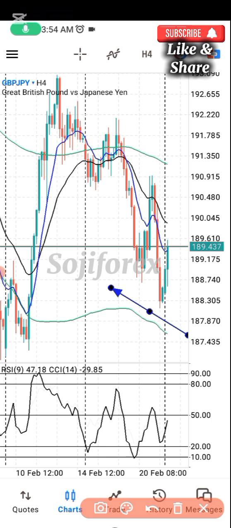Having established how we can use this to determine our trend, the time frame to do that is the 4-hour time frame. Now the next thing is, how do we make entry trades using the Middle Bollinger Band?